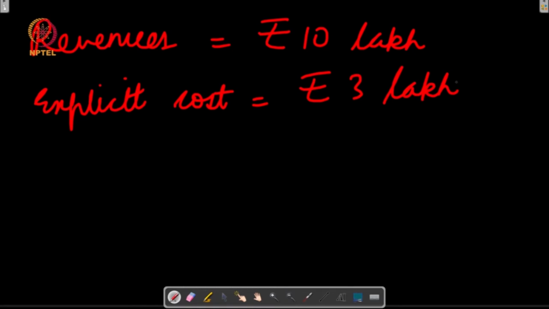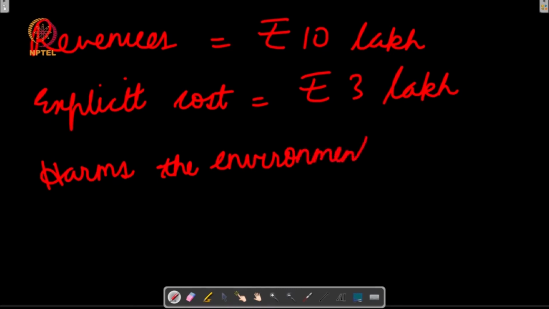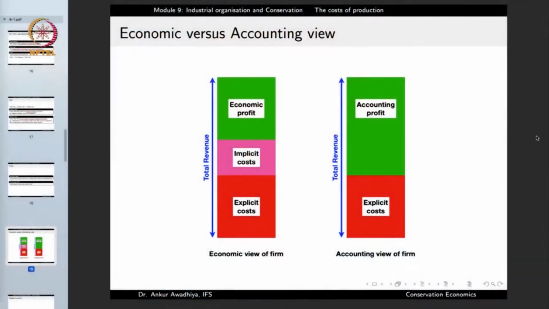But then when the firm does not install a device to control the pollution, it also harms the environment because of pollution, and the harm to the environment is say rupees 5 lakhs. Now, the economists would say that this harm to the environment is leading to an implicit cost.